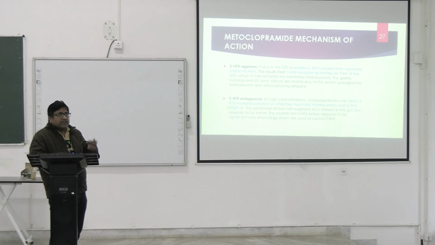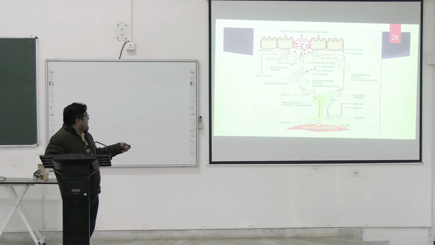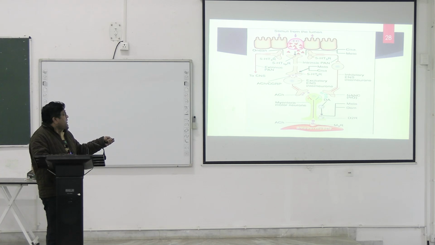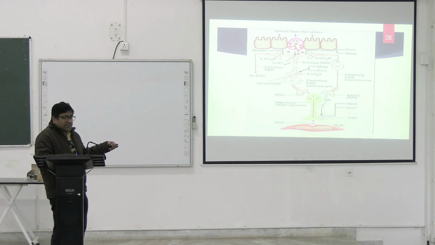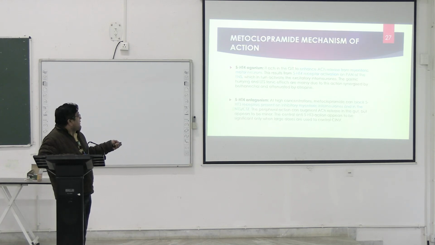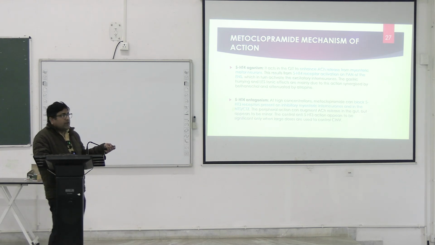Now 5-HT4 receptors are present in the pre-junctional neuron of the intrinsic primary afferent neuron of the enteric nervous system. By having agonistic action on the 5-HT4 receptor, they ultimately increase the acetylcholine release from the myenteric neurons, and thus promote gastrointestinal motility.